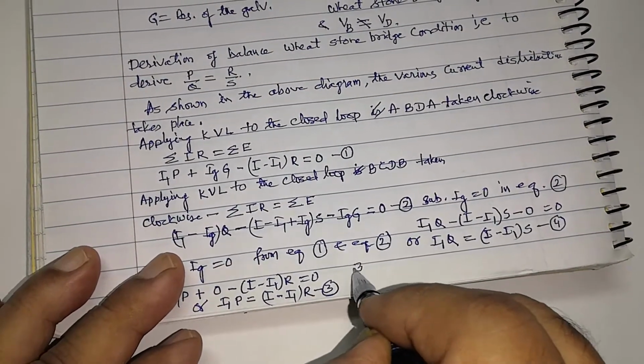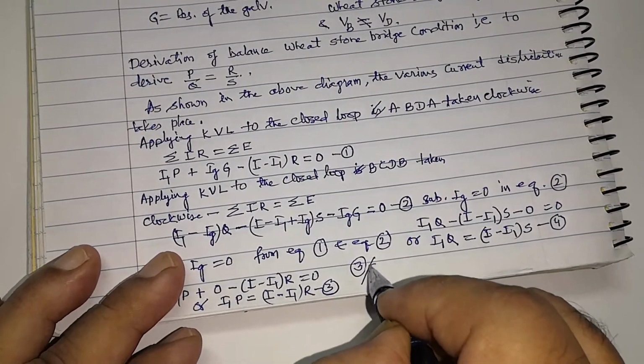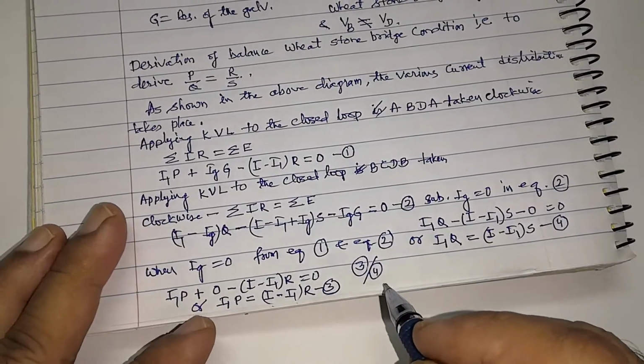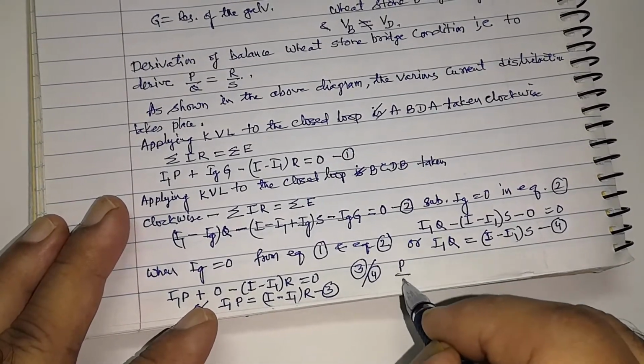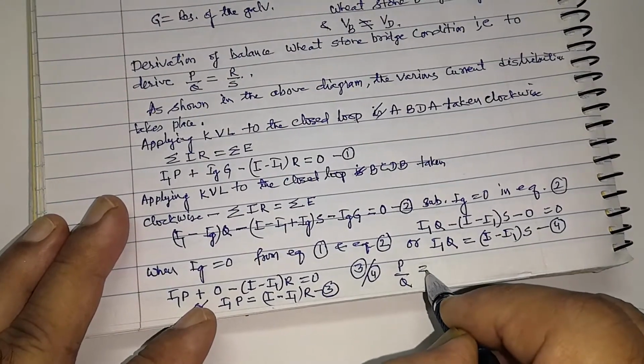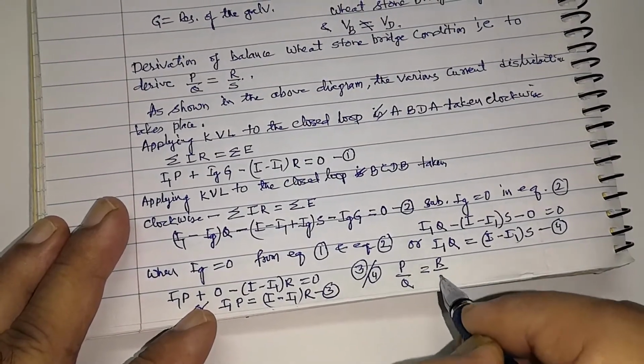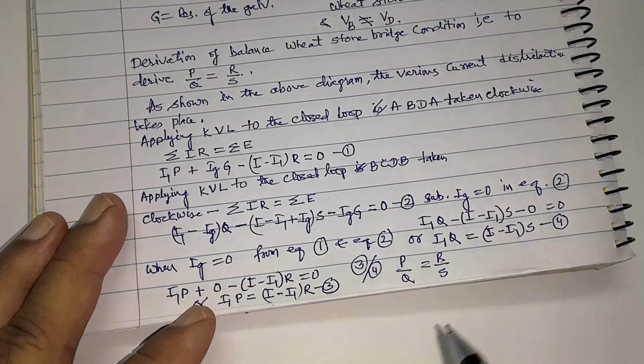Now dividing equation 3 by 4, we find that what we'll be getting is P upon Q equal to R upon S.